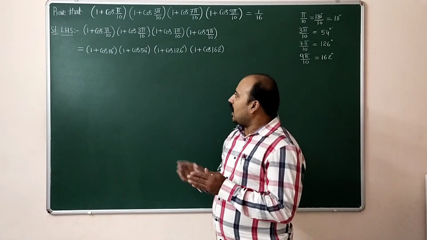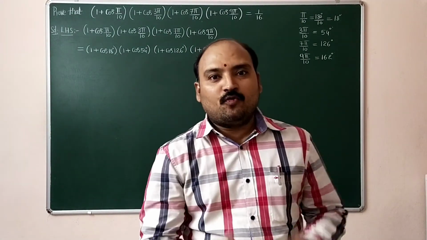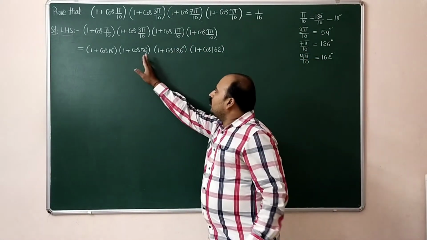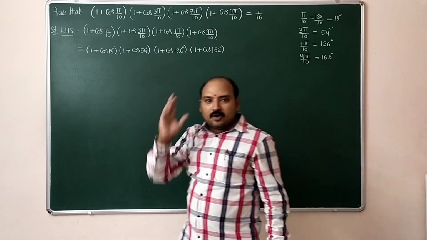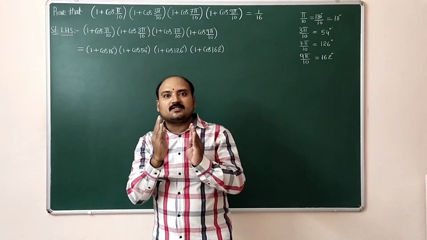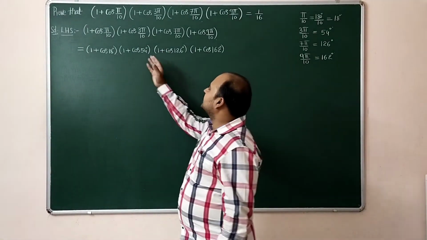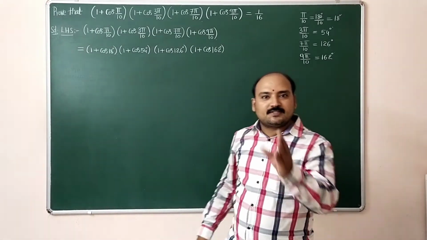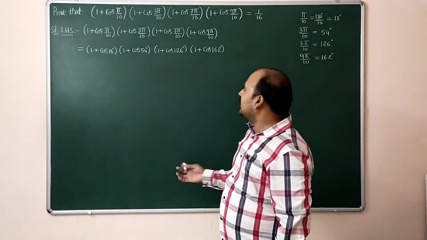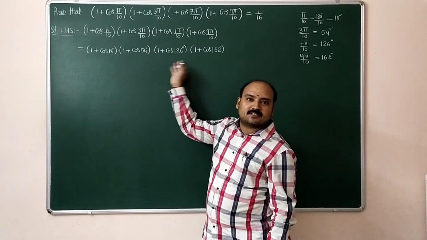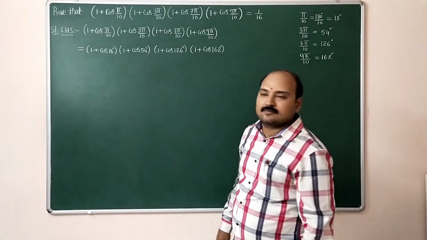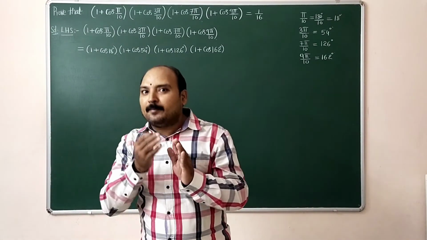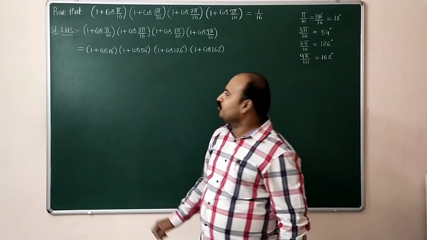After that, observe the angles. 54 is nearby 90, so it can be written as 90 minus 36. 126 is above 90, so we can express it as 90 plus 36. 162 is nearby 180, so we can write it as 180 minus 18.